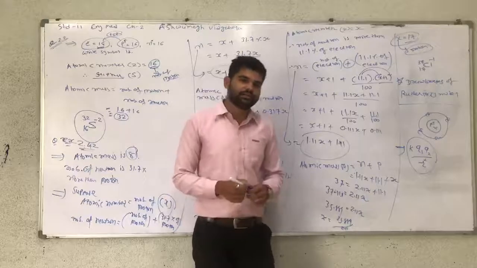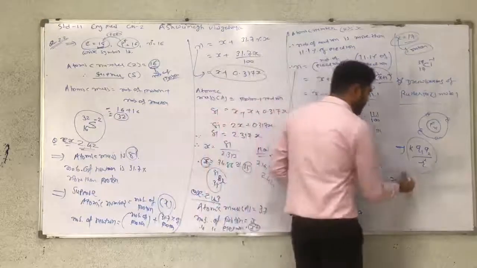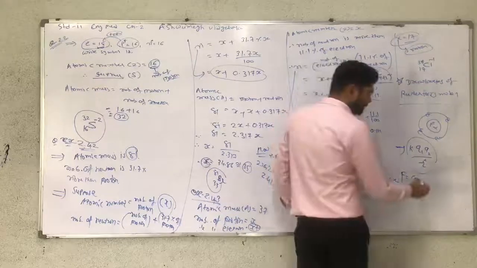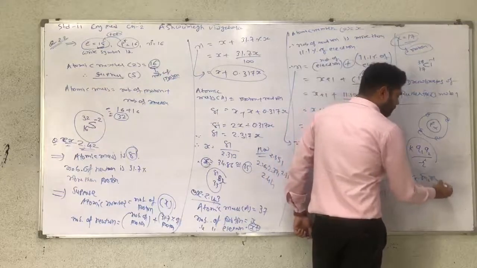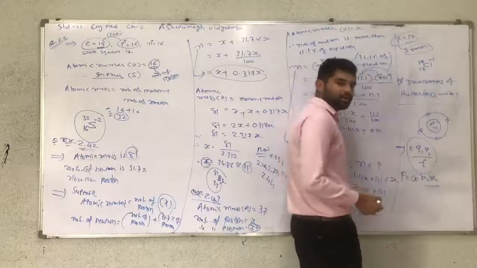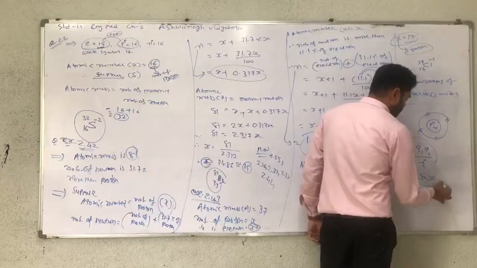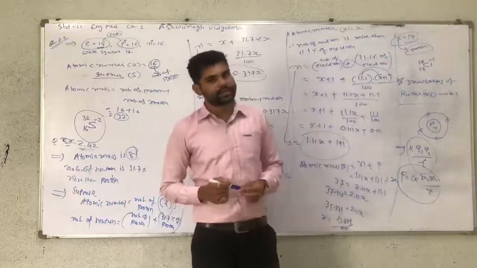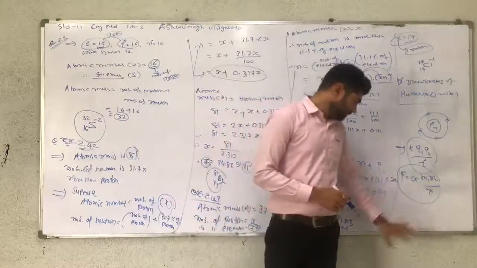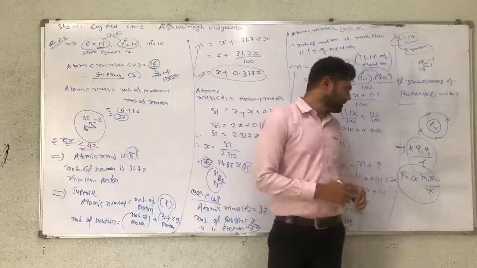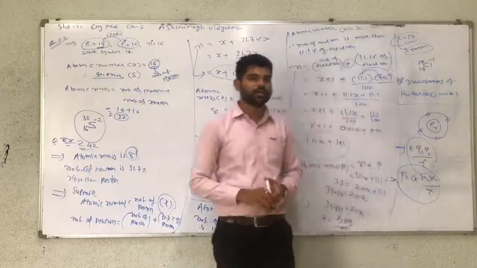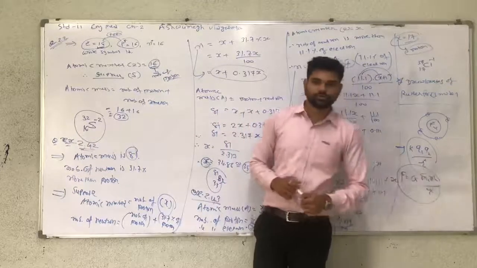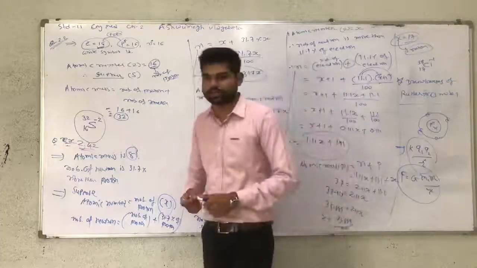In a similar way there is gravitational force: F is equal to G, the gravitational constant, times M1 M2, the two masses. According to these equations, force is applied between two particles in an electric field.